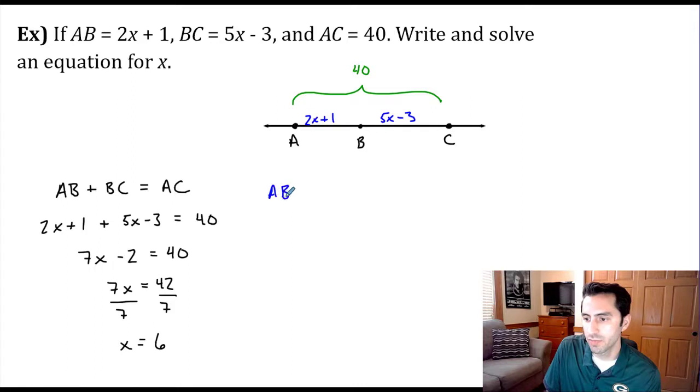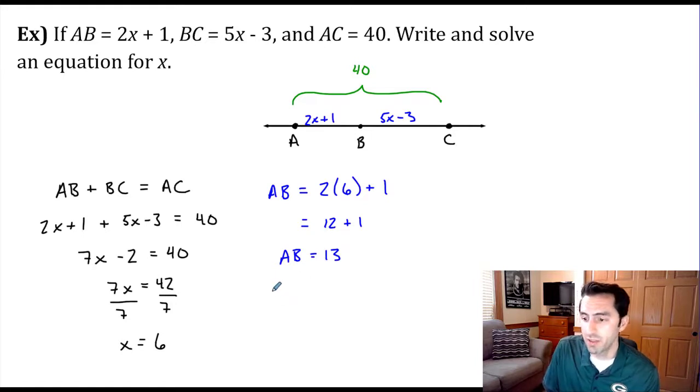AB, if we want to find the length, we just need to go back and substitute in the value for x that we found. So if AB was represented by 2x plus 1, we'll substitute in the 6. So AB is going to be 12 plus 1. So AB has a length of 13.